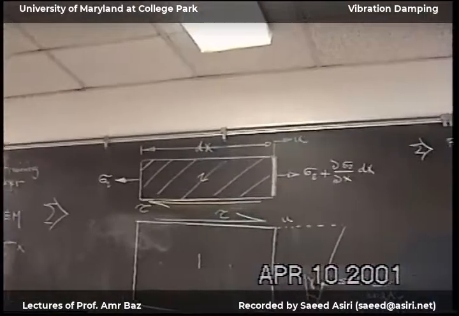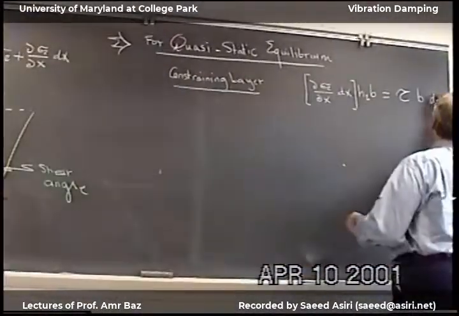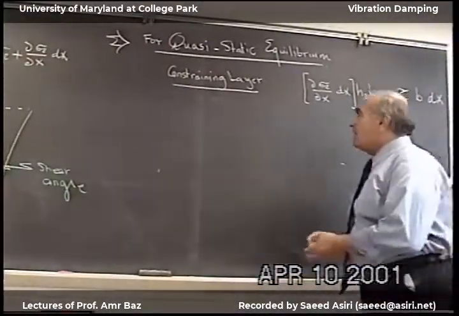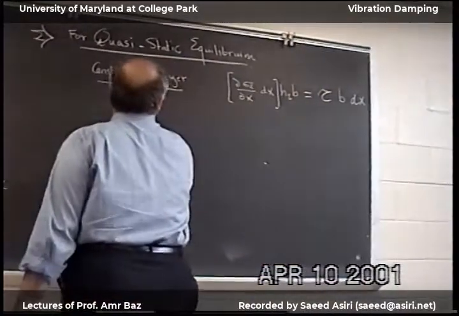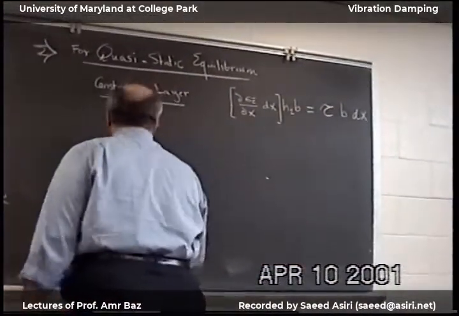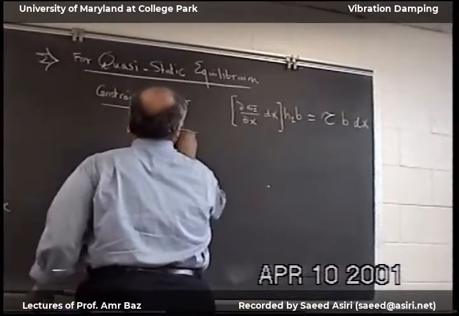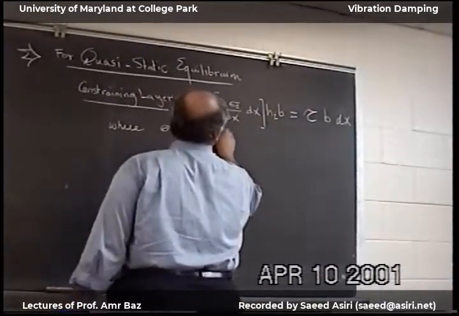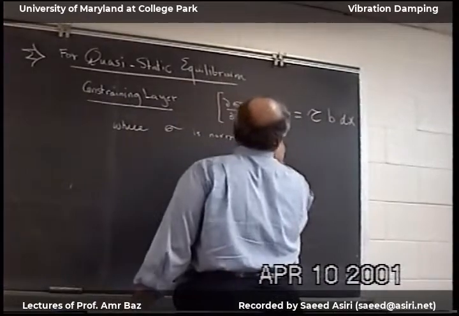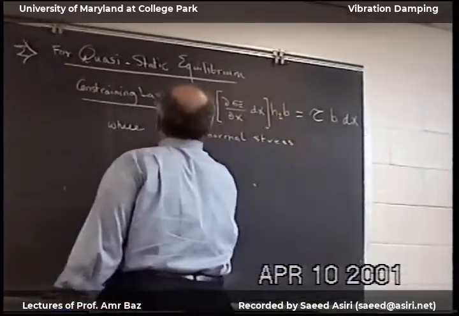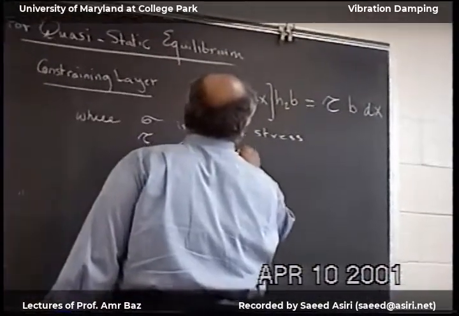So the shear stress is acting on, so we'll say here where sigma is the normal stress and tau is the shear stress.